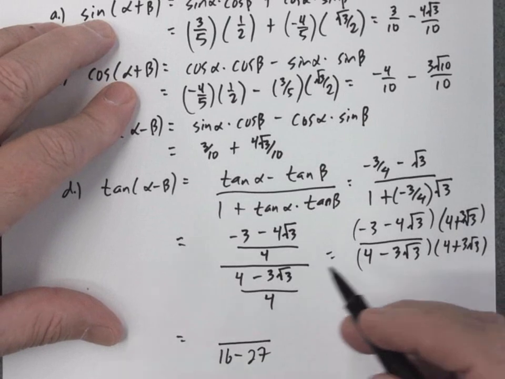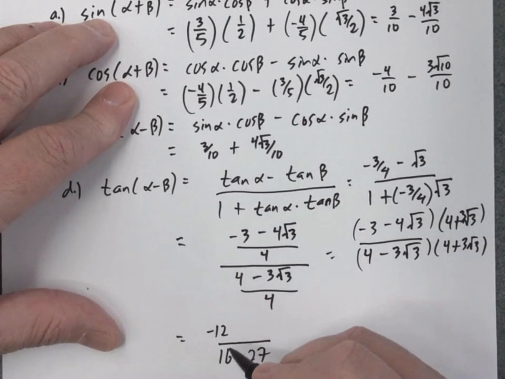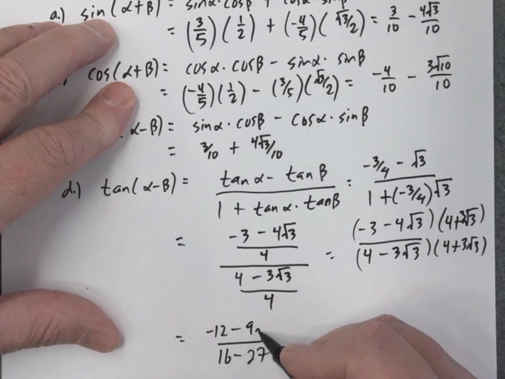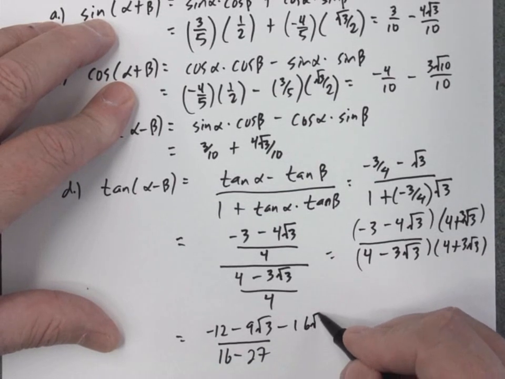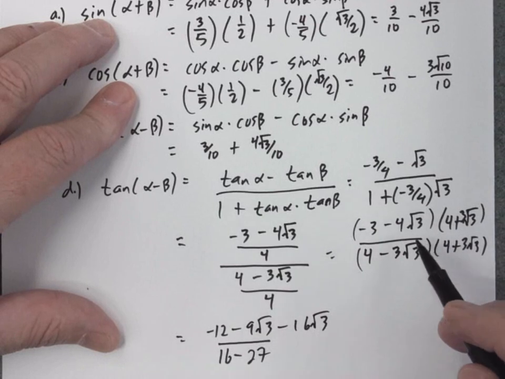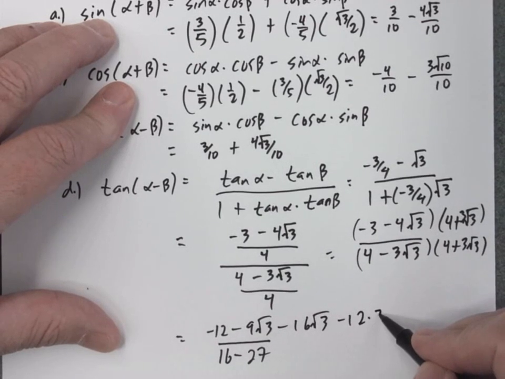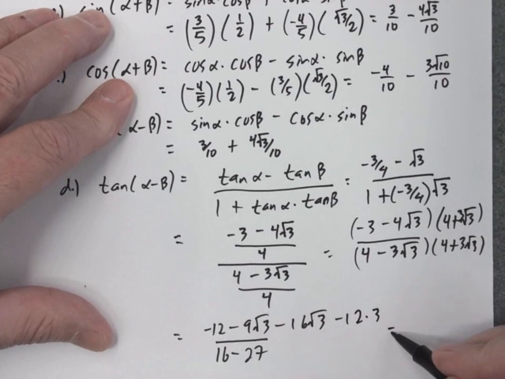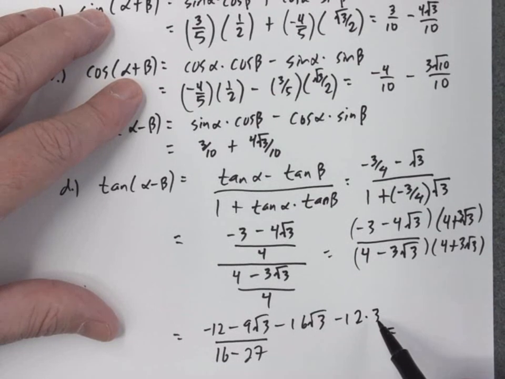Now the top, negative 12 minus 9 square root of 3 minus 16 square root of 3. This is going to be minus 12 times 3. So this is minus 12, this is minus 36.